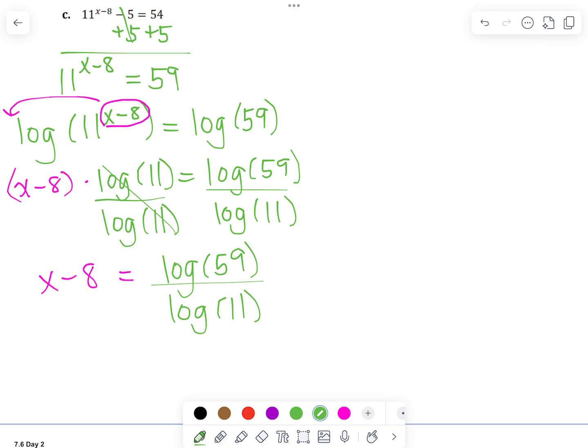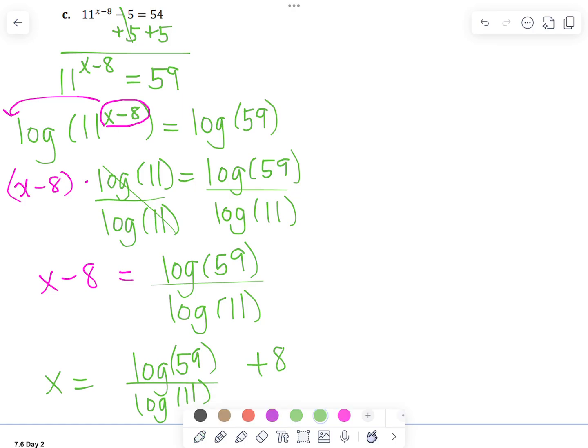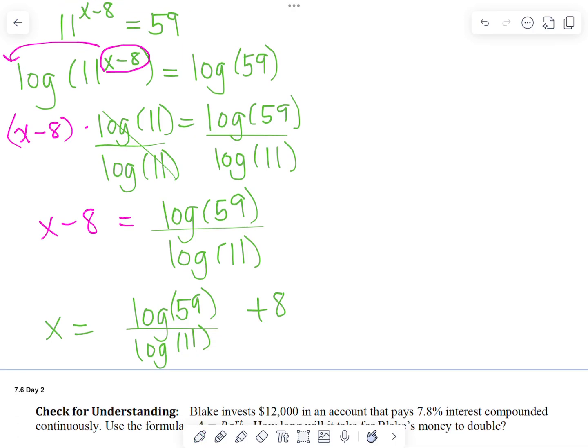Our last step is to undo that minus 8, so we would add 8 to both sides. And then we'd enter that into our calculator. And we get approximately 9.700.